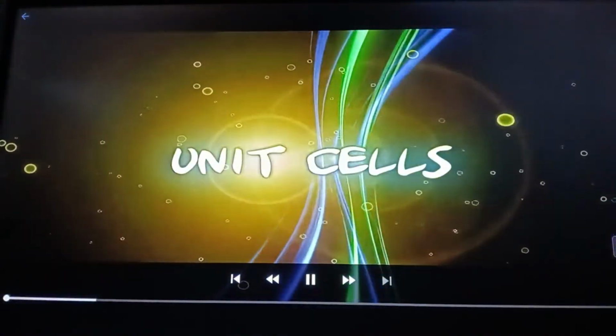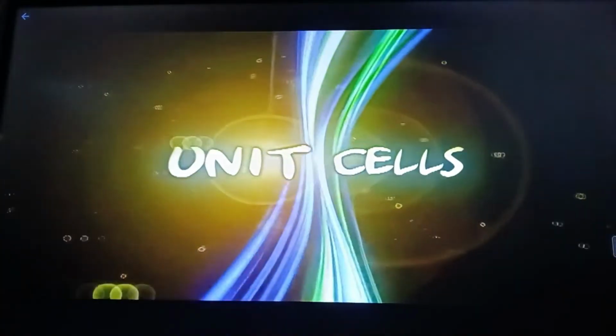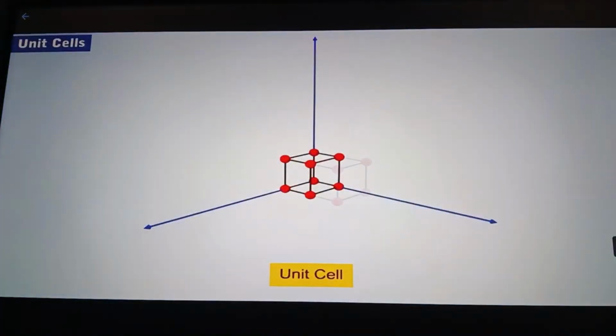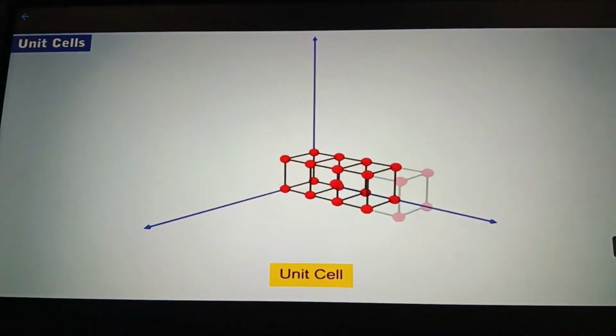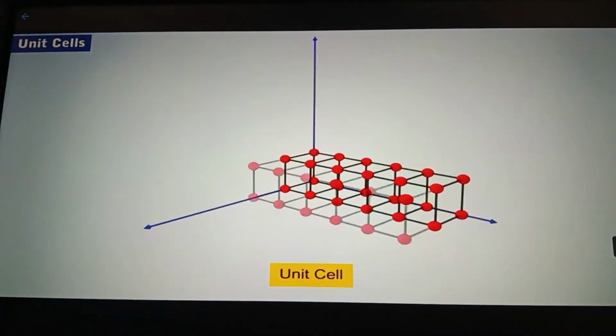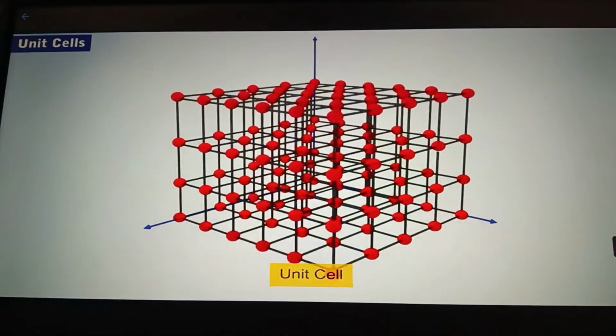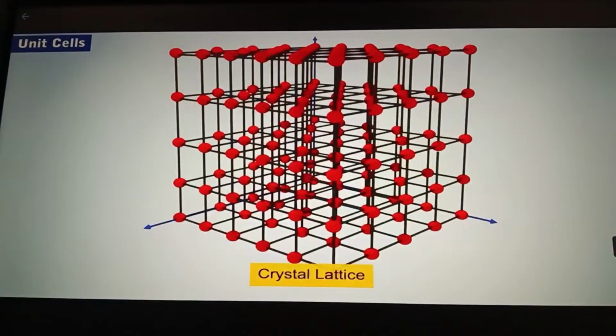In this module, let us further study the unit cells. You already know that every crystal lattice is made up of an infinite number of unit cells, and every lattice site is occupied by a constituent particle.